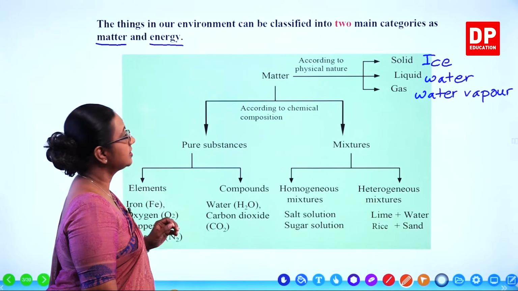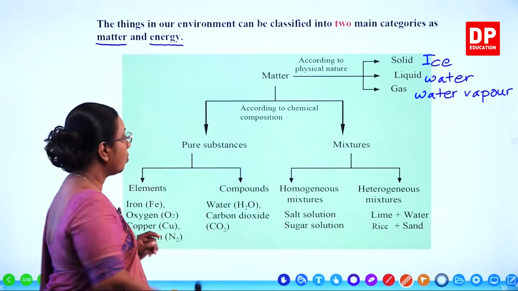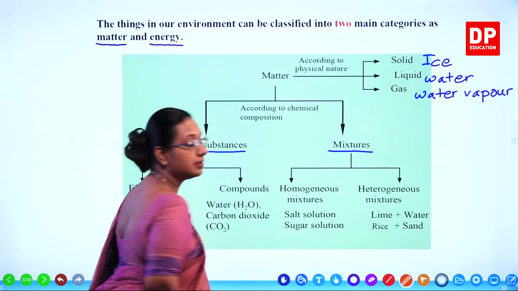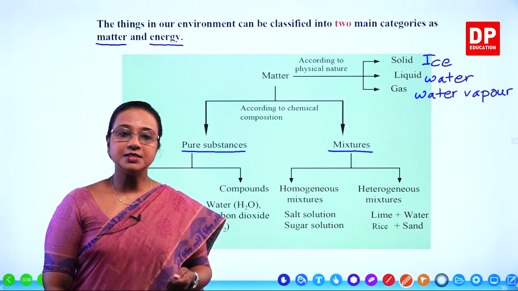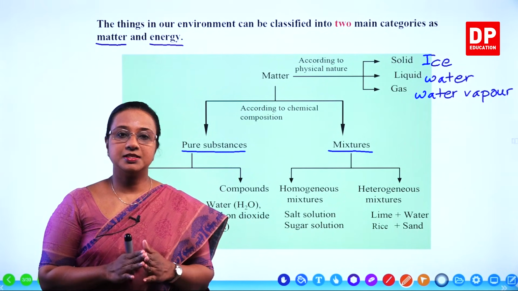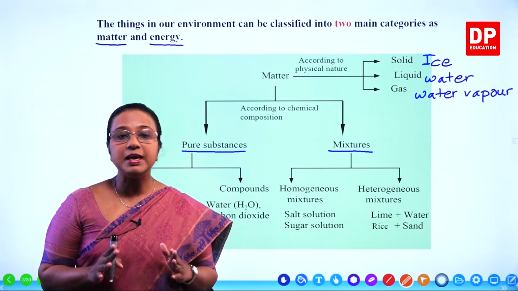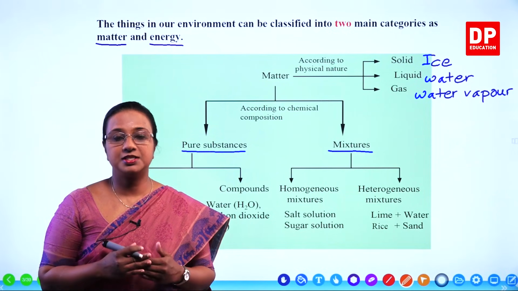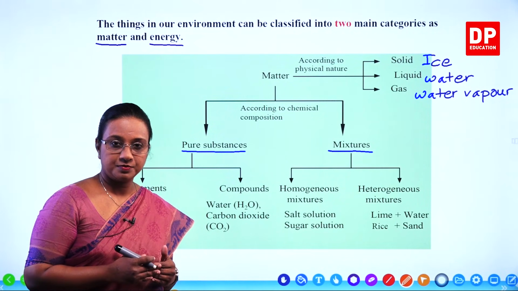So under this grouping, there are two main types. One is the pure substances, the other one is the mixtures. When we say pure substances, any substance that has a definite composition and is made up of only one type of substance is known as a pure substance.